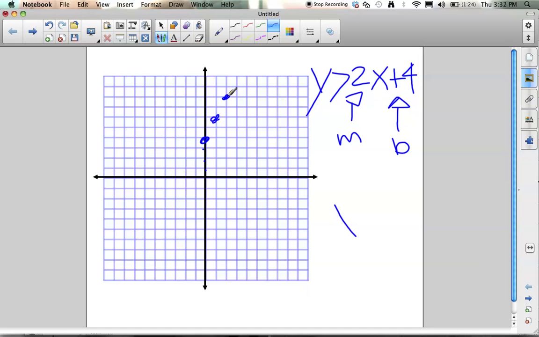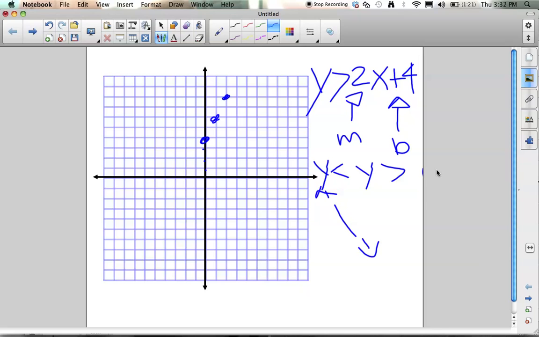Put a point. How graphing inequalities was different is you needed to choose two things. You had to choose between a dotted or solid line. So remember, when y was less than or y was greater than, we had a dotted line. This is dotted.